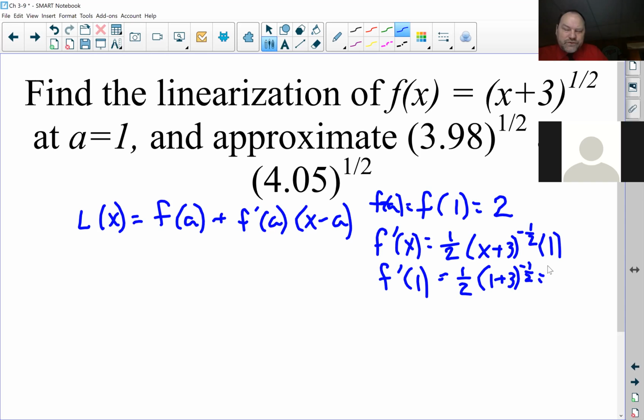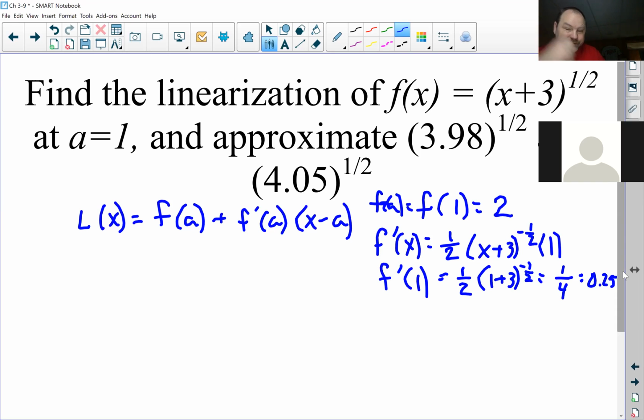So 1 plus 3 again is 4. To the negative 1/2 would be 1 over the square root of 4. So I have 1/2 times 1/2, which is 1/4. And for these, sometimes it's better to use the decimal approximation.